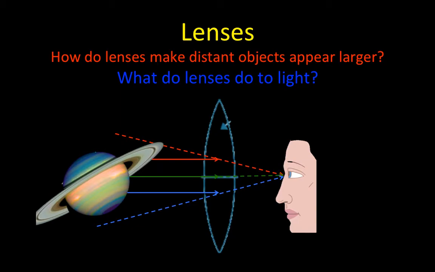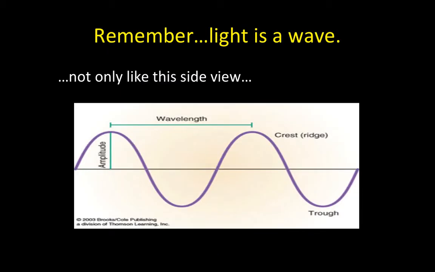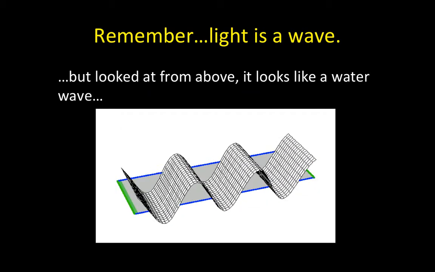But in order to think about how lenses actually bend light, we need to go back to what light is and remember that light is a wave. The classical little sinuous wave, but we don't want to look at it as just the side view. We want to think about the wave as not two-dimensional, but as a three-dimensional object.